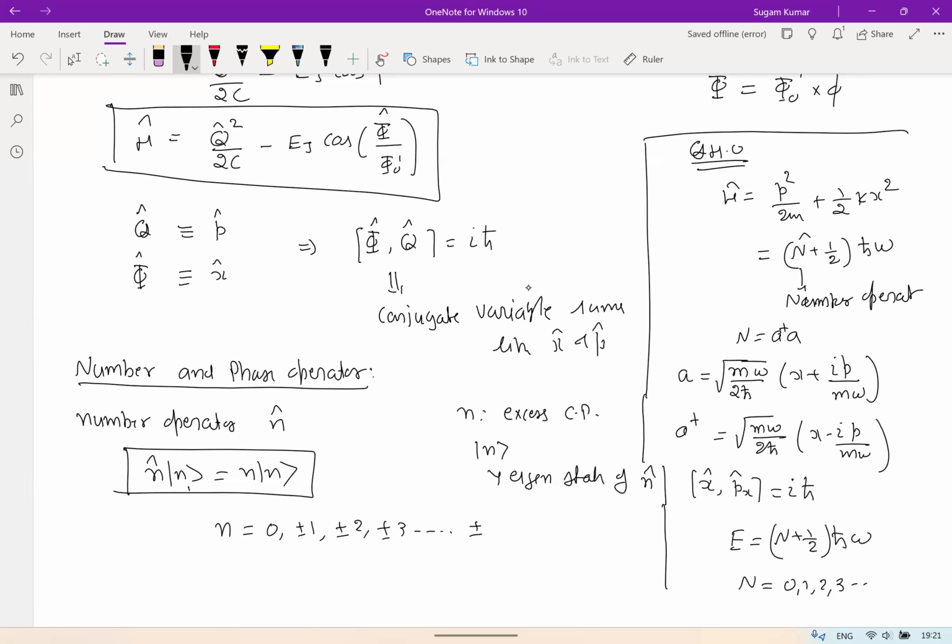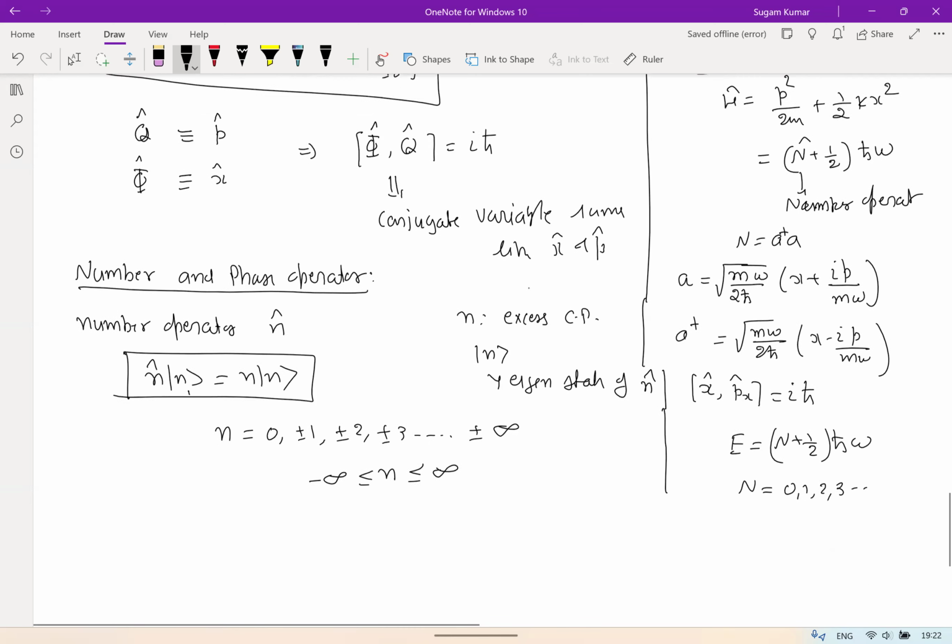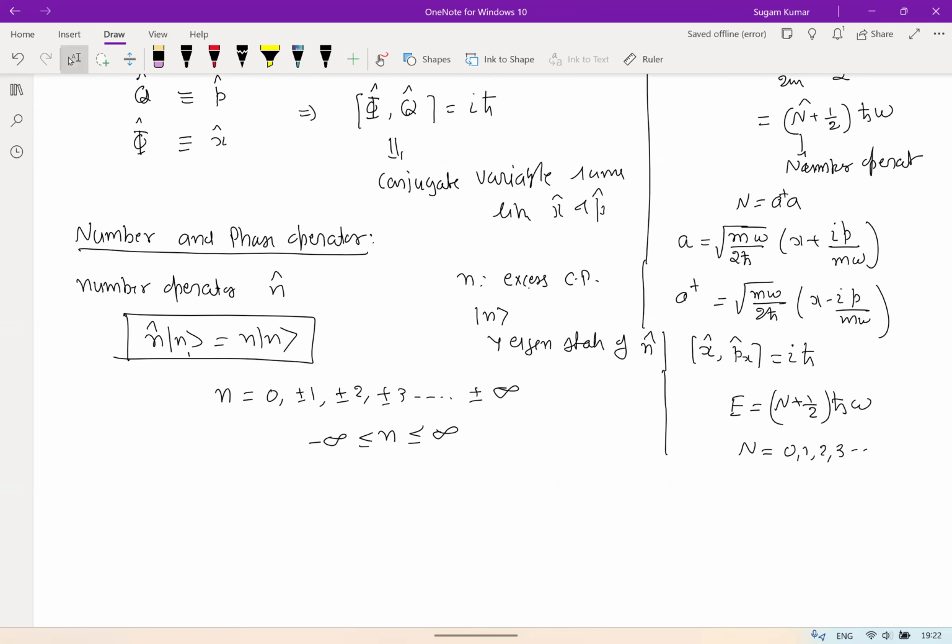This can go to plus minus infinity. So in principle, I can say this n is from minus infinity to plus infinity, because this is representing the excess amount of Cooper pairs. I hope everybody is comfortable up till now.